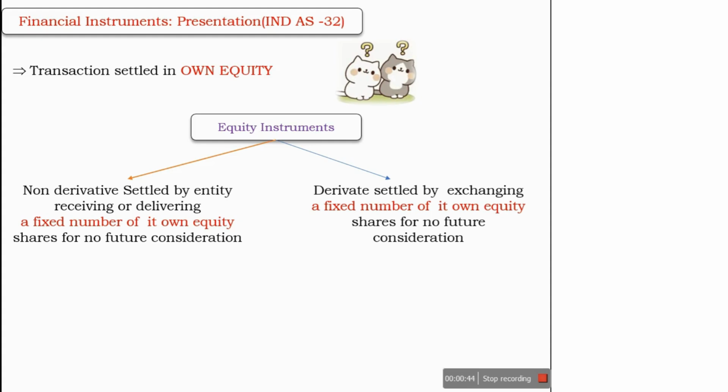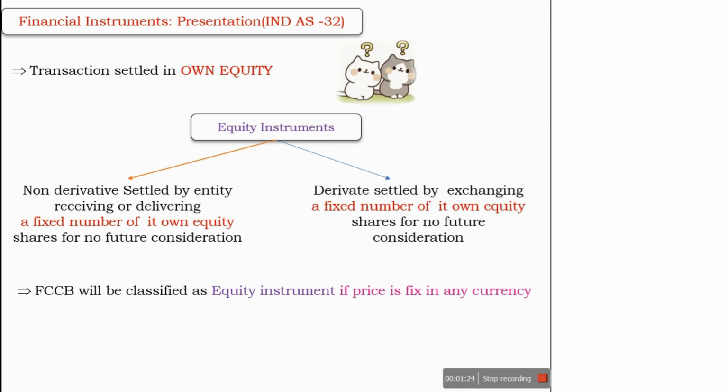The problem arises in the case of foreign currency convertible bonds. Here, if an entity has issued a foreign currency convertible bond in a currency other than the functional currency of the organization, then a problem will arise. For example, if we have issued 100 bonds for $100, the value of the dollar will keep on fluctuating, and the question will arise whether the fixed-for-fixed rule is matched or not.